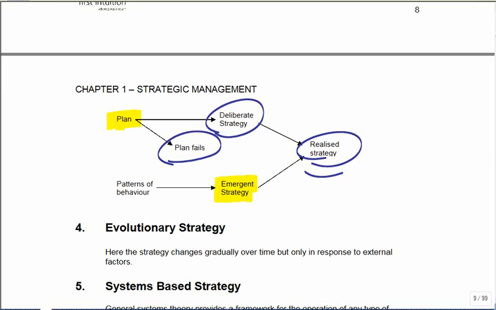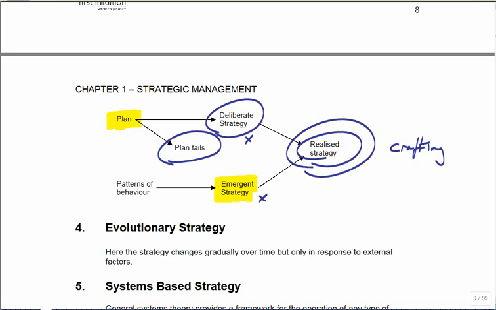And so the realised strategies will be a mix of the deliberate strategies, the planned strategies, and the emergent strategies. And Mintzberg describes it as being a skill known as crafting. You've got to bring together both the planned and the unplanned, if you like, and decide how best to fit the unplanned, the emergent, with the planned, with the deliberate.